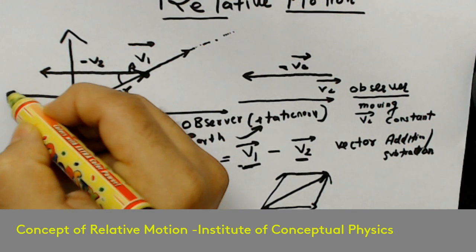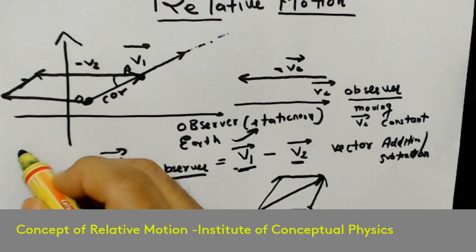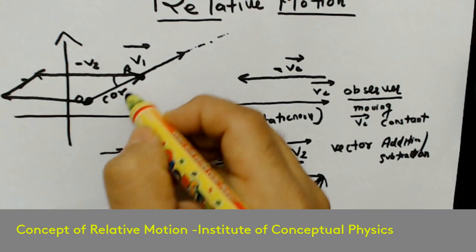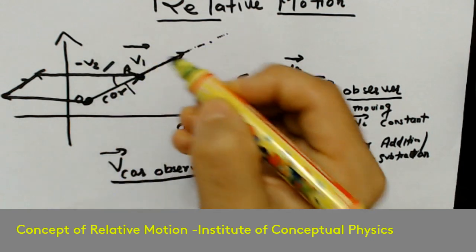So essentially, what you've done is you have converted the problem into a problem of the law of parallelogram, where one vector is v1, which is this, and the second vector is this vector.